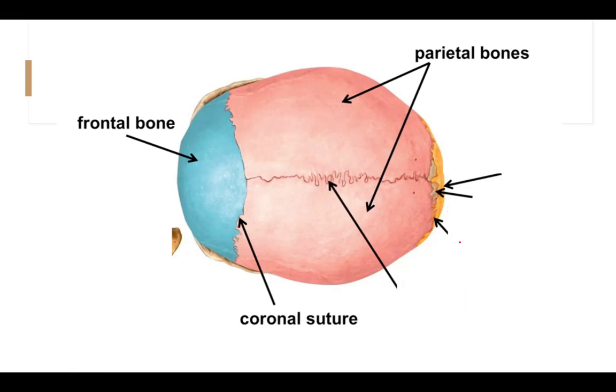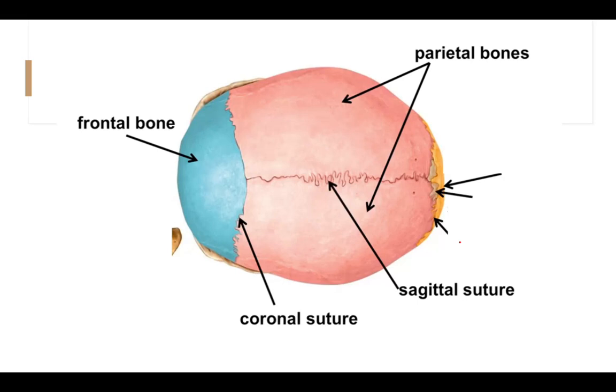So let's name the suture separating the two parietal bones. This is called the sagittal suture. Okay, sagittal suture. And we remember this word, hopefully, because sagittal is one of the planes in the body.